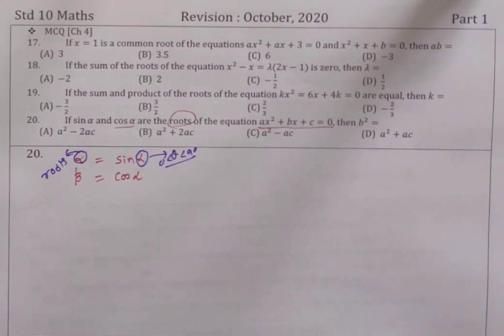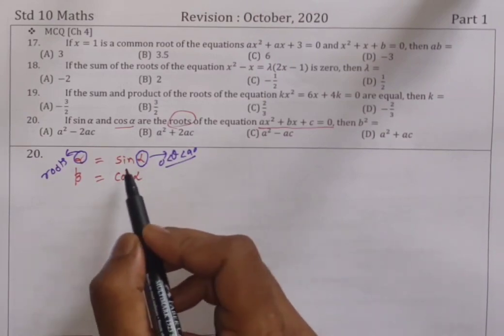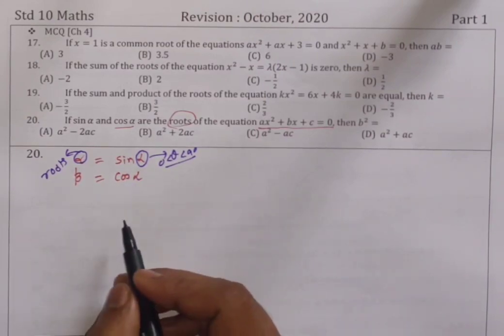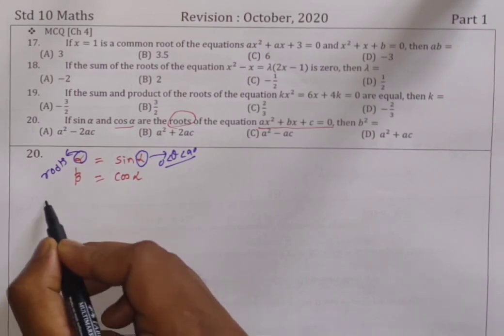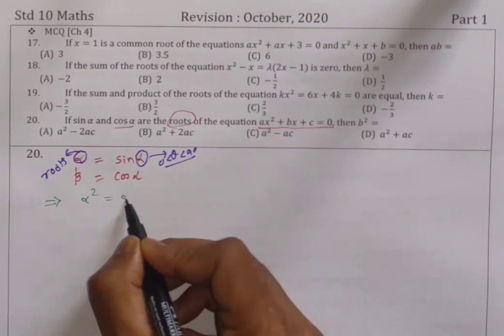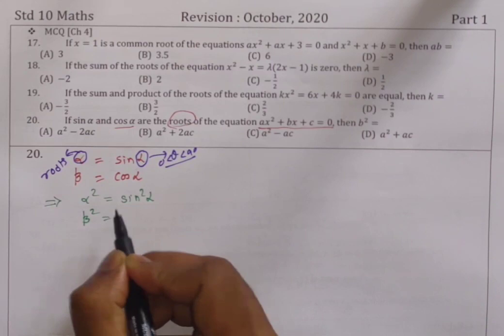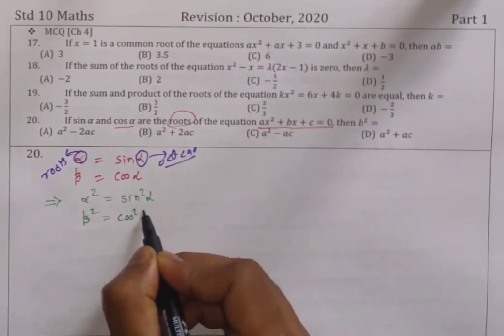Alright? Chaliye. Now, a lot of brain has to be utilized here, children. देखो, ये साइन अल्फा और कॉस अल्फा कुछ नहीं हो सकता है. साइन स्क्वायर और कॉस स्क्वायर हो तो कुछ हो सकता है. So first of all I am taking square. Alpha square is equal to sin square alpha and beta square, squaring both sides, is equal to cos square alpha.